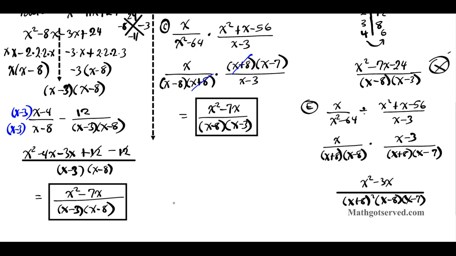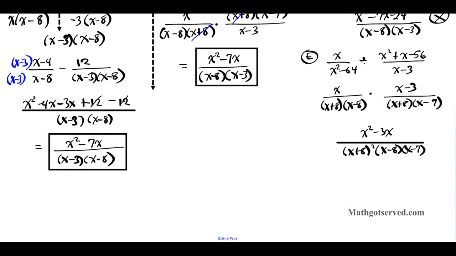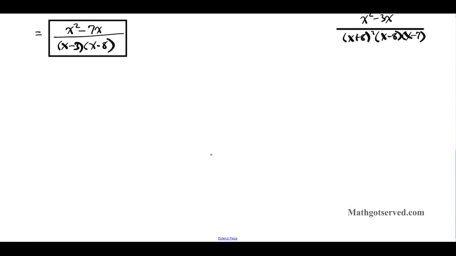All right, lastly, let's take a look at option F. For option F, we have an addition problem. So we're supposed to do x minus 4 over x minus 8 plus 12 divided by x squared minus 11x plus 24. All right, so we're going to have x minus 4 over x minus 8.